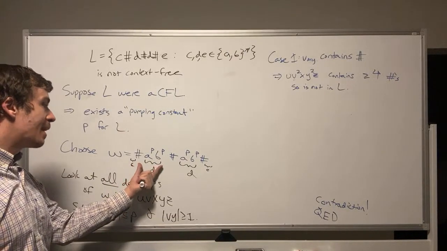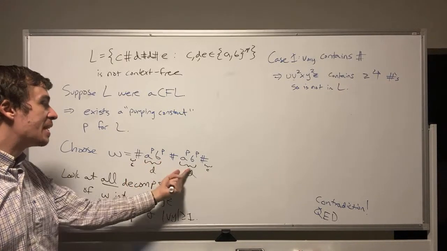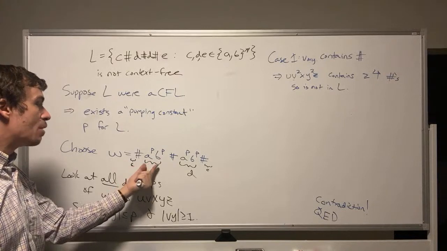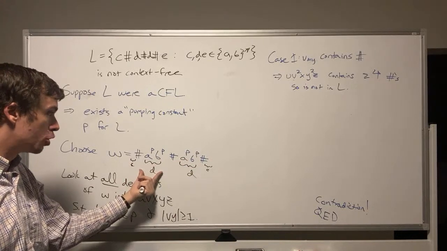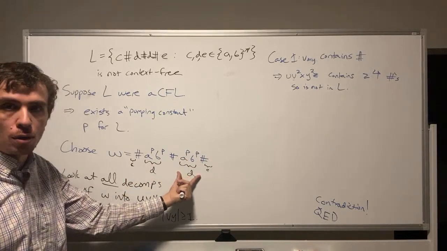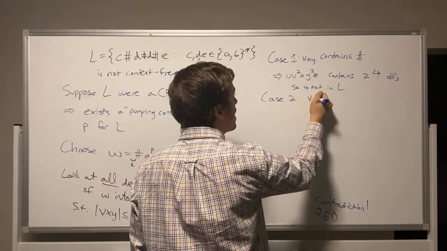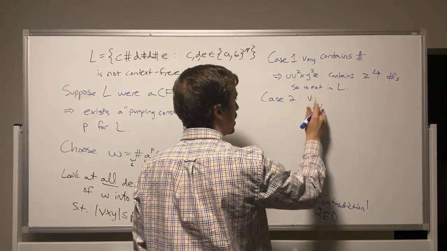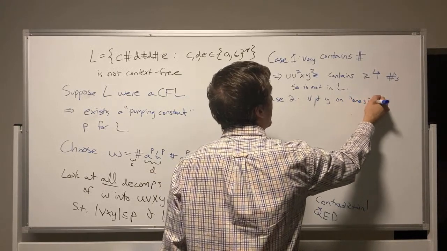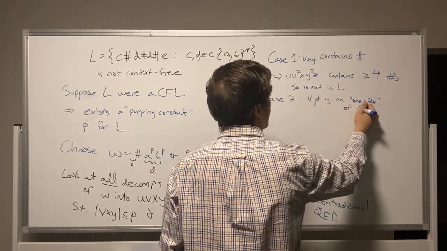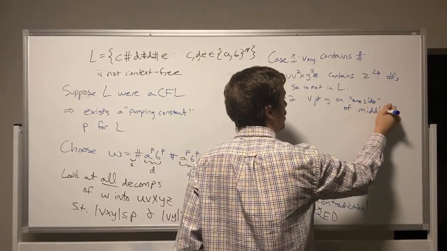So then what are the other cases? One case is where the V and the Y part are on one side. Let's say V and Y are both on the left side. It'll be similar on the right side because this section and this section have to be identical. So case 2 is V and Y on one side of the middle pound sign.